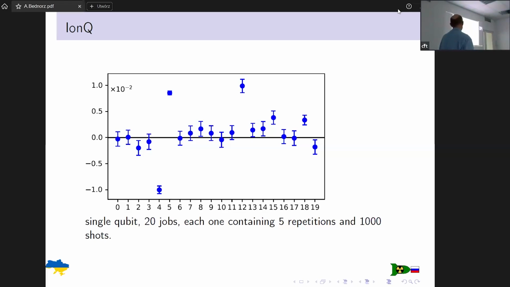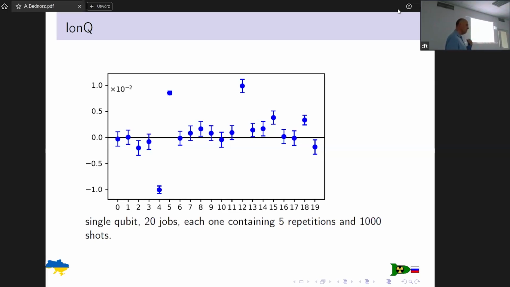The final test, which was quite hard to run, is on IonQ. With IonQ there is a problem because IonQ is very expensive. It makes you pay for each gate, so it doesn't work to test all qubits at once.